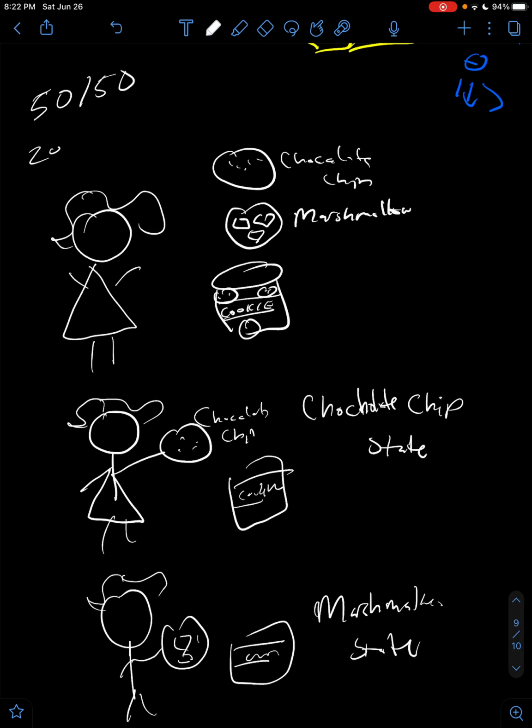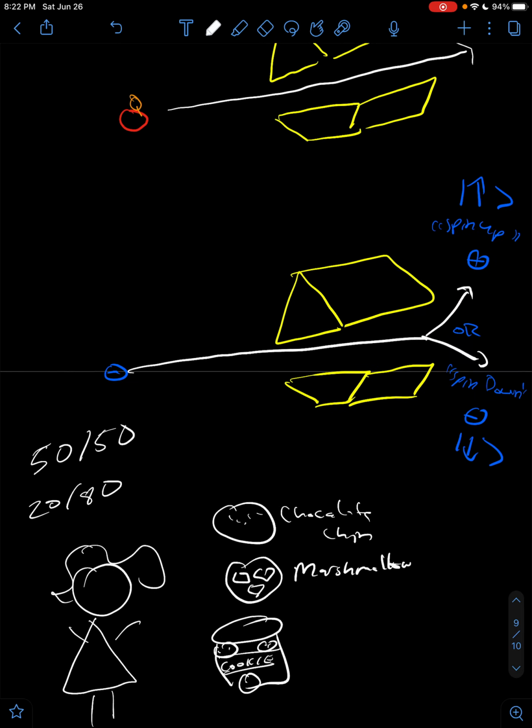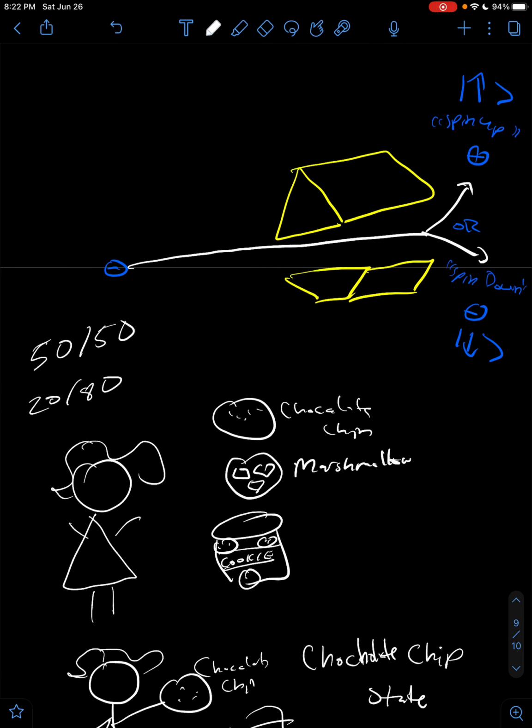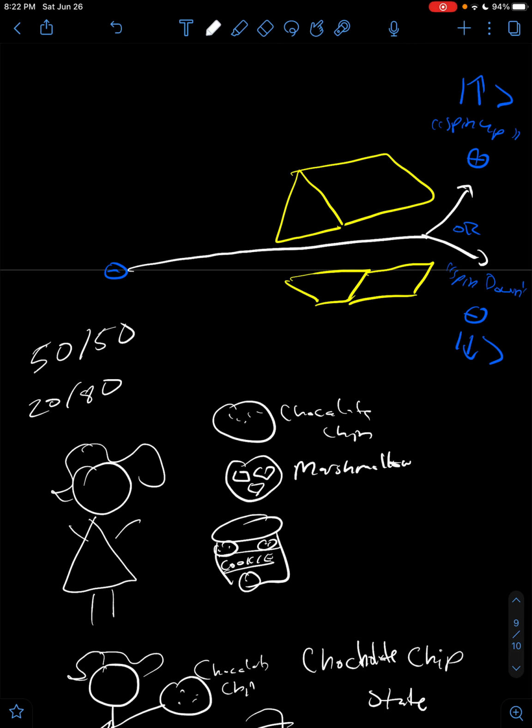There may be a 20-80 chance for choosing chocolate and marshmallow respectively. And same with electrons. Before the electron goes through the detector, there is a probability that it's going to go up or go down. In other words, there's a chance that it's going to be spin up or spin down.